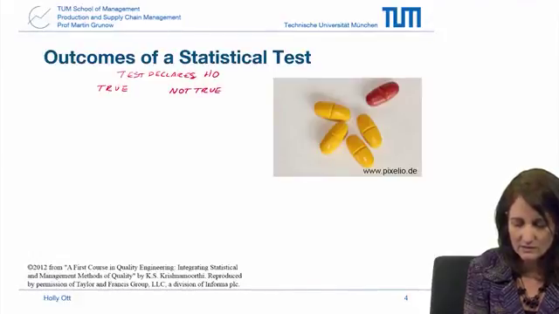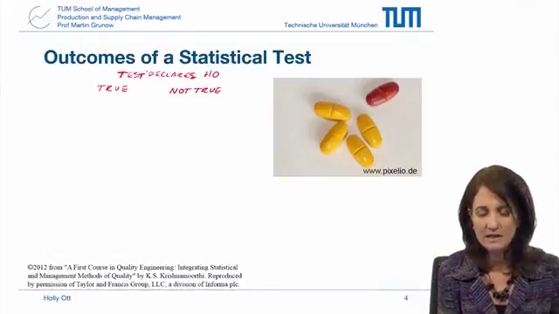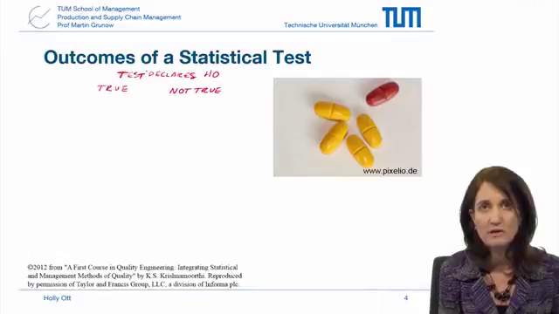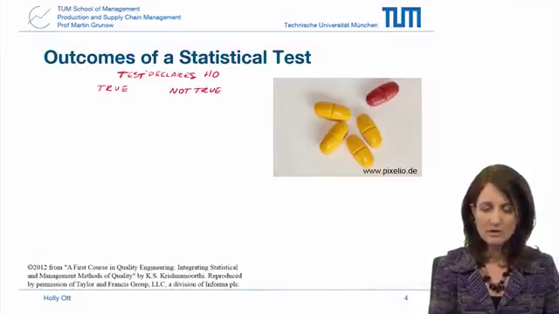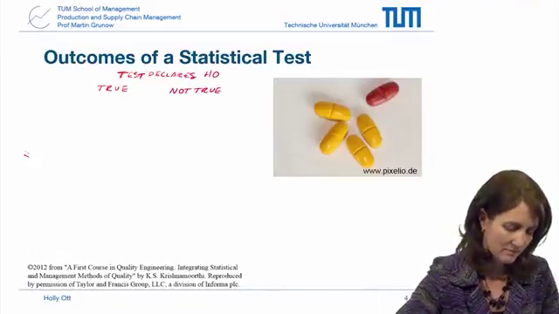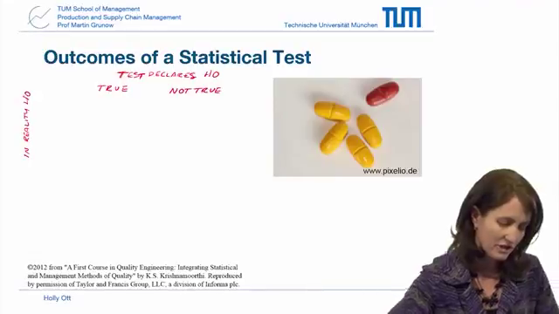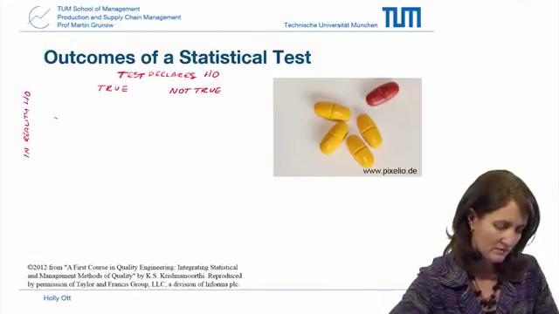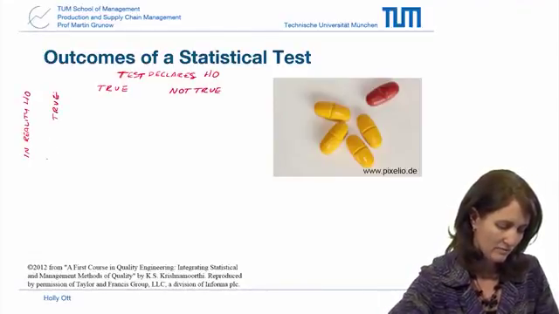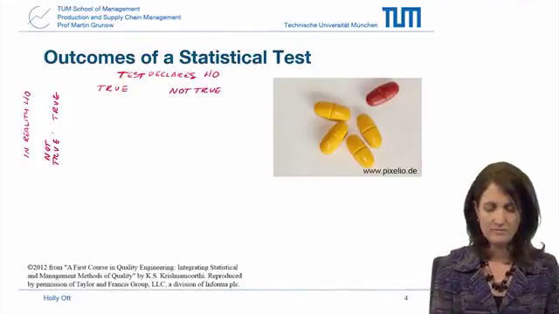So the test declares H0 to be true or not true. But in reality, we could have the case that H0 is true or not true.